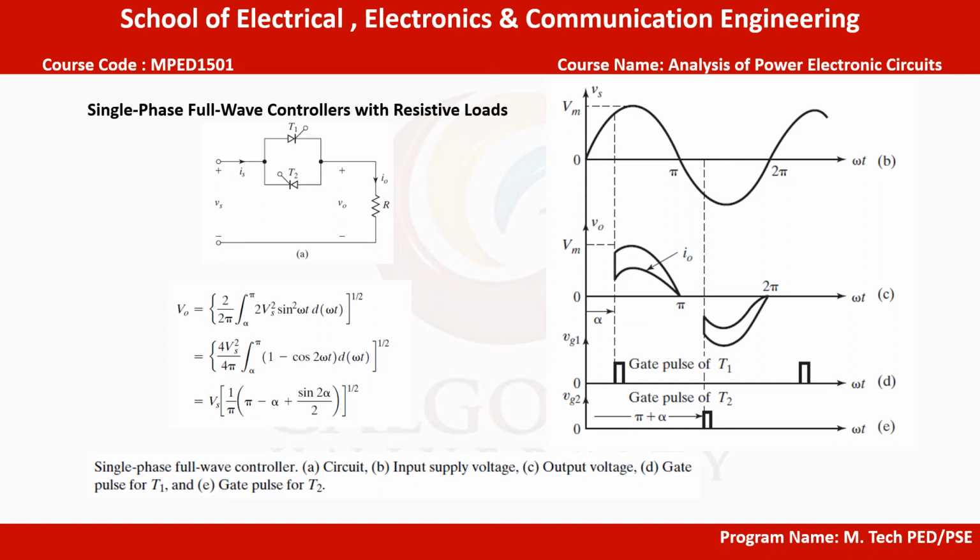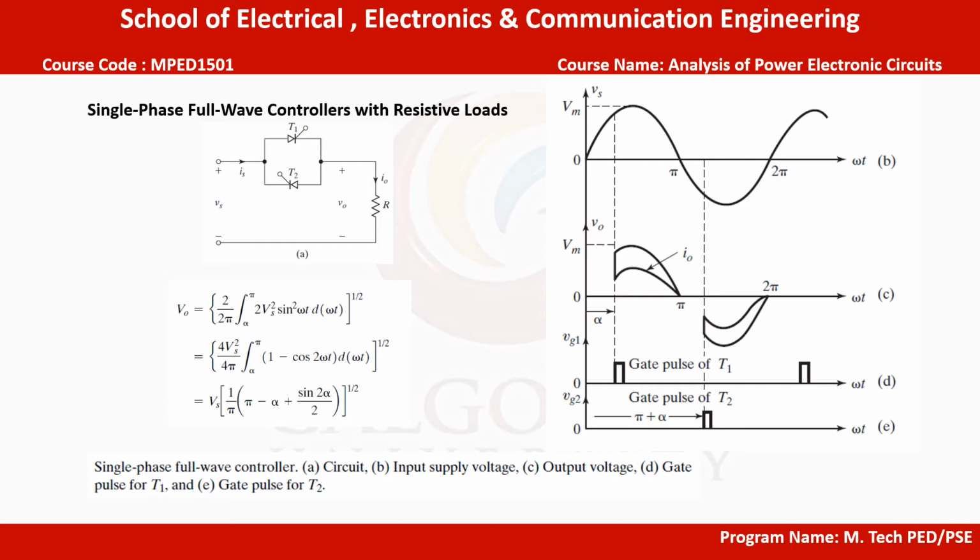During the positive half cycle of input voltage, the power flow is controlled by varying the delay angle of thyristor T1, and thyristor T2 controls the power flow during the negative half cycle of input voltage. The firing pulses of T1 and T2 are kept 180 degrees apart. Further, you can see the waveforms for the input voltage, the output voltage, and gate signals for T1 and T2.